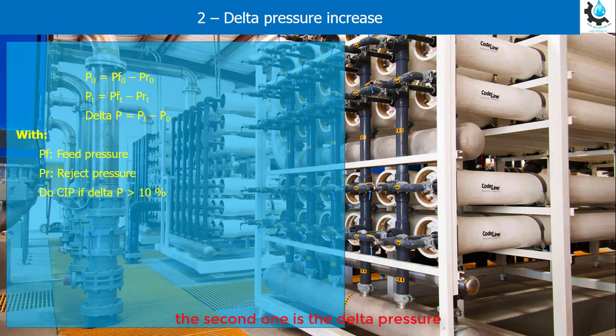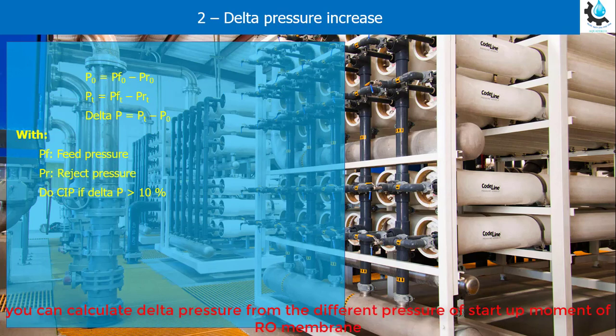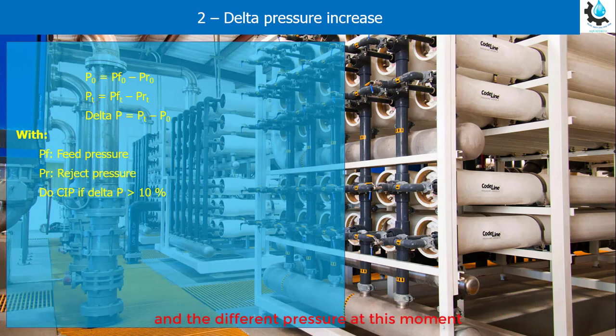The second one is the delta pressure. You can calculate the delta pressure from the differential pressure at the starting moment of the RO membrane and the differential pressure at this moment. The differential pressure equals the feed pressure minus the reject pressure.